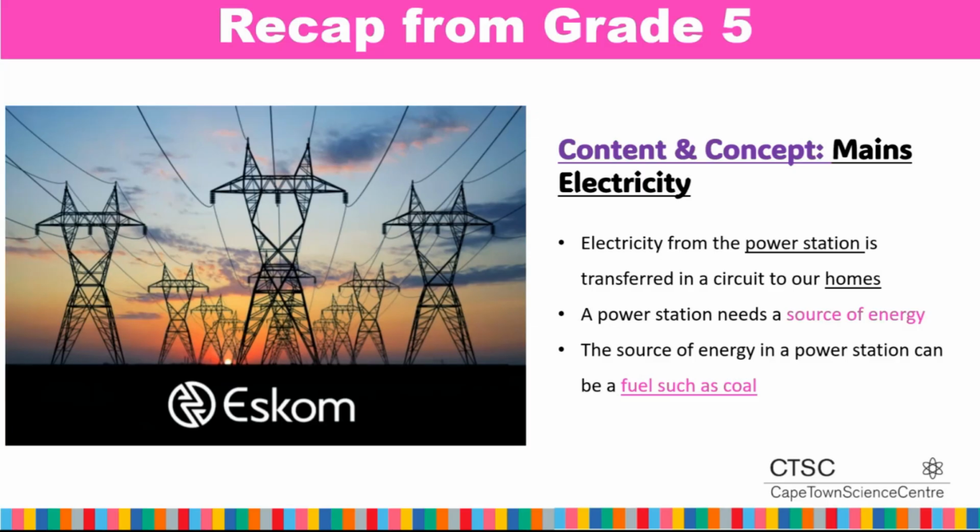The source of energy differs from power station to power station. So that is also important to explain to the learners that when we say a power station, it can be various sources of energy. Most of our Eskom power plants are fueled by coal, so it is a coal-fired power station.